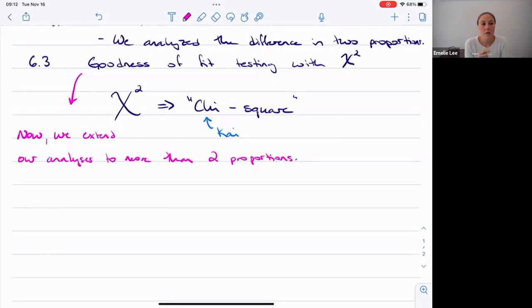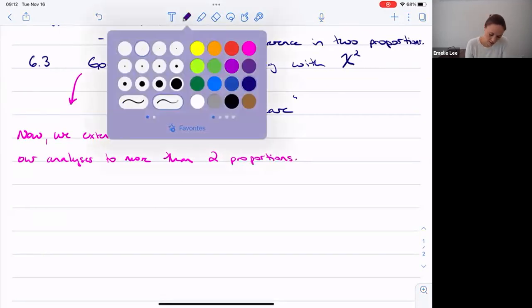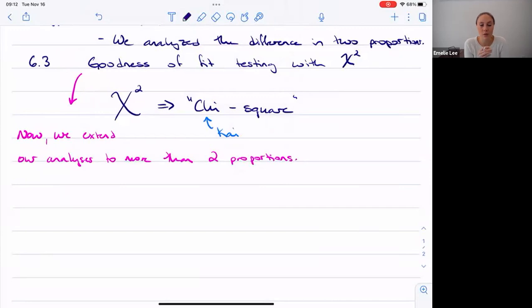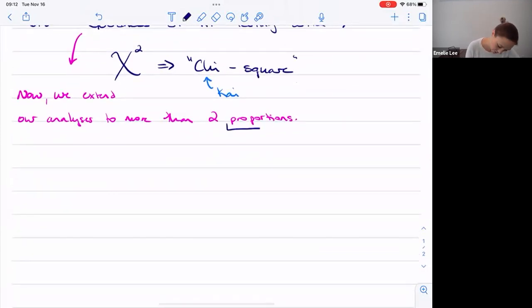Okay. So if we consider a categorical variable, because for proportions we have categorical variables, right? So proportions equals categorical variable. I guess I should say categories of a categorical variable, technically.